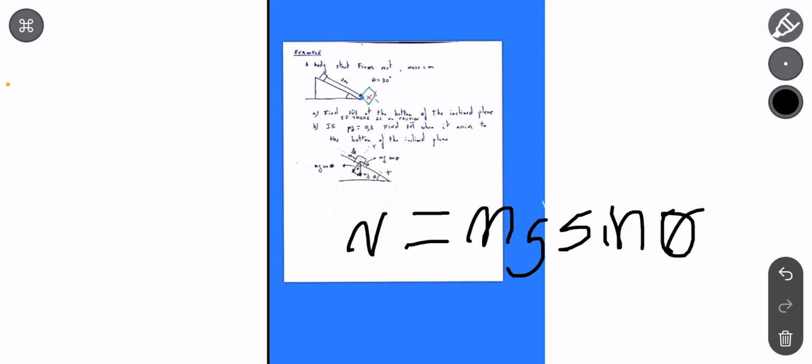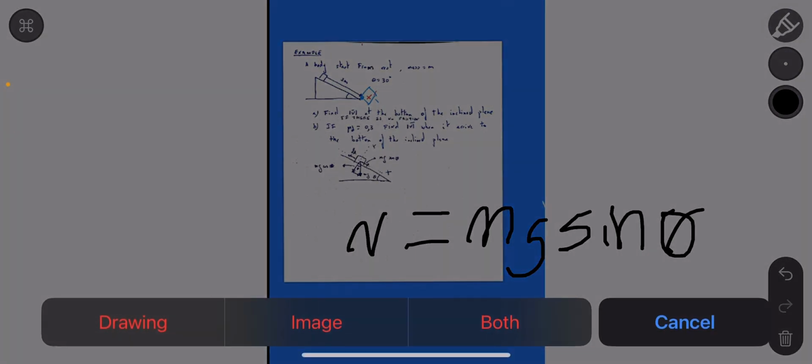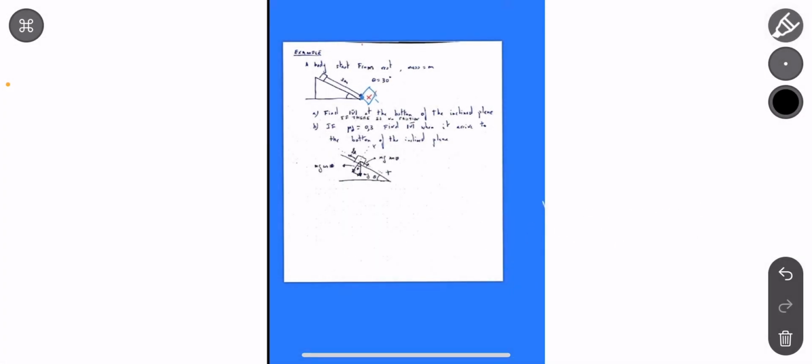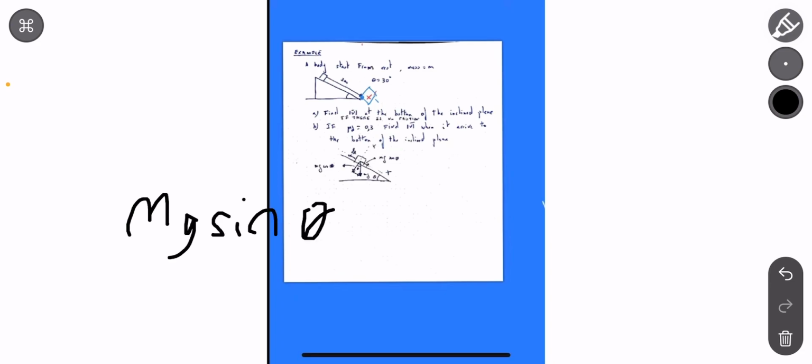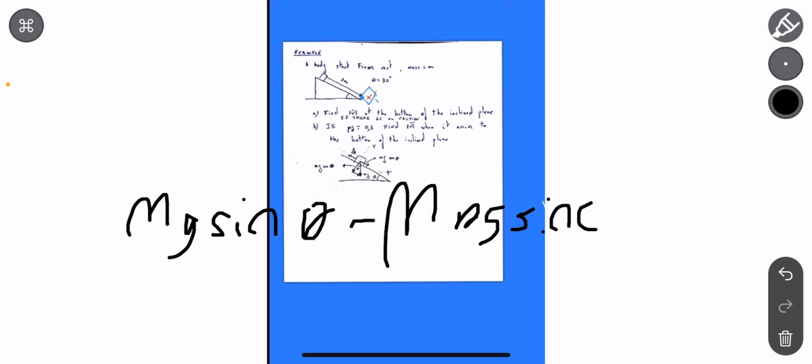I'll show you right now. Sorry, my screen is glitching. So here, mg sine theta minus the friction term equals max1.